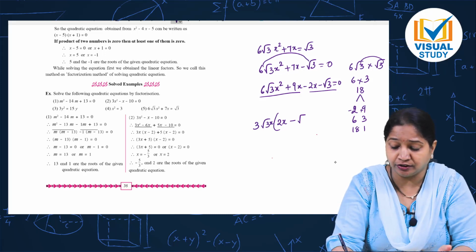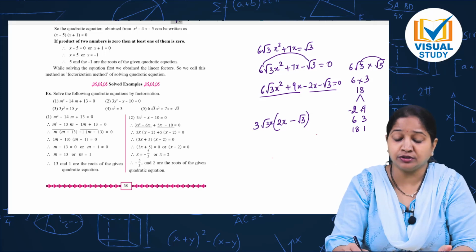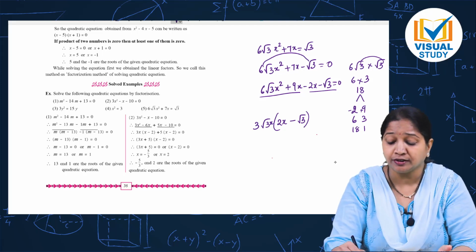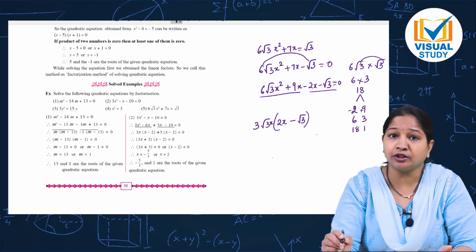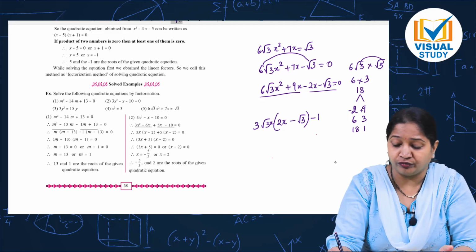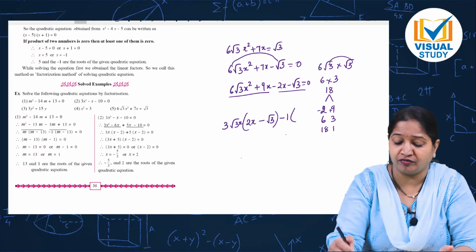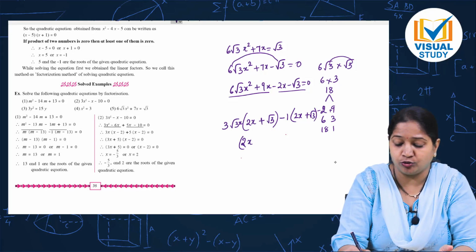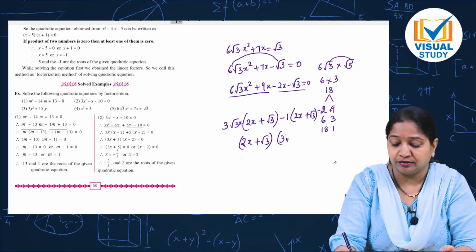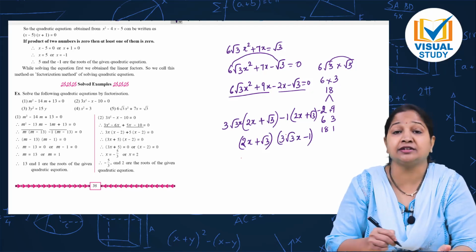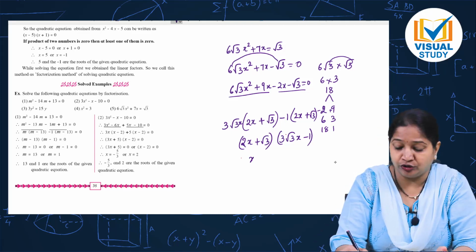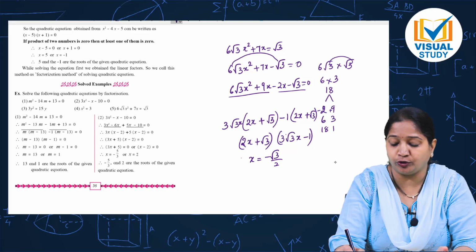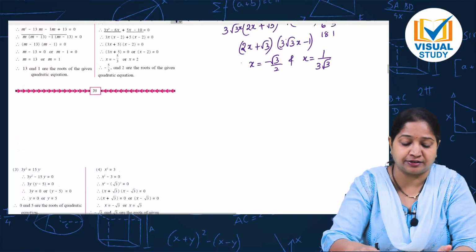Now 3 root 3, here you are going to get root 3, because root 3 into root 3 is 3 and 3 into 3 is 9. Here minus 1 as a common factor. So again 2x plus root 3 and 3 root 3 x minus 1 is the answer. So you will get x is equal to minus root 3 upon 2 and x is equal to 1 upon 3 root 3 as your answer.